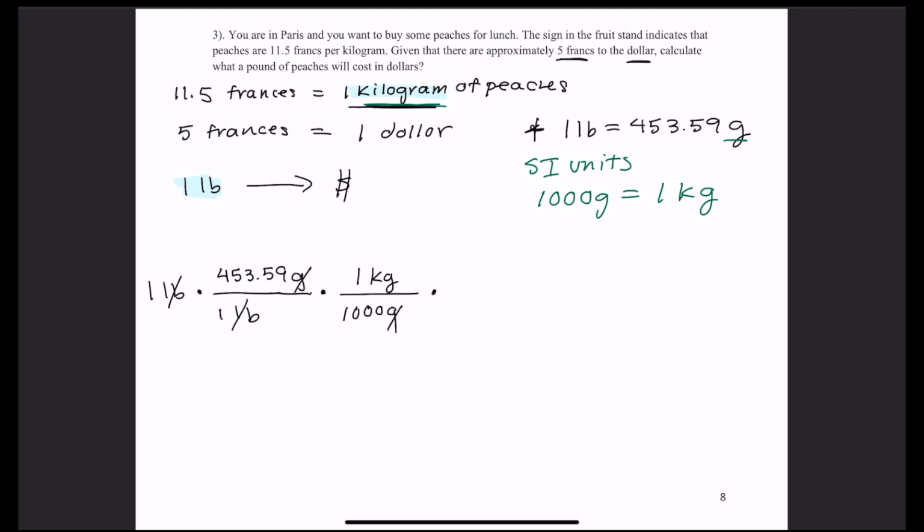Okay, now we can use this kilogram, all the conversion information given in the problem now. We know that 1 kilogram of peaches equals 11.5 francs. So we put 1 kilogram equal 11.5 francs. So the kilogram cancels. And we know there's 5 francs for $1. So it's going to be 5 francs equal $1.